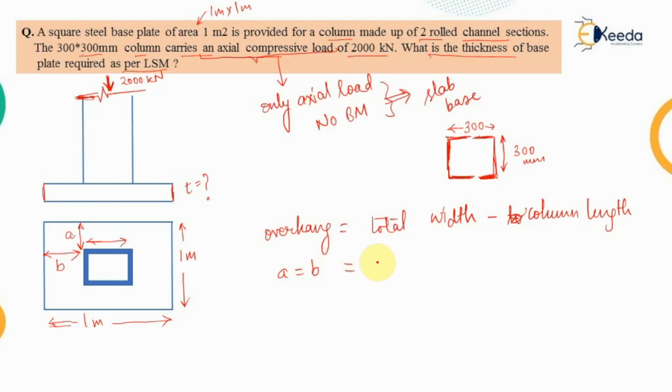The total width is given in meter, so let's convert it into millimeter. That will be 1000 millimeters minus the column length or width, which is given as 300 millimeters.